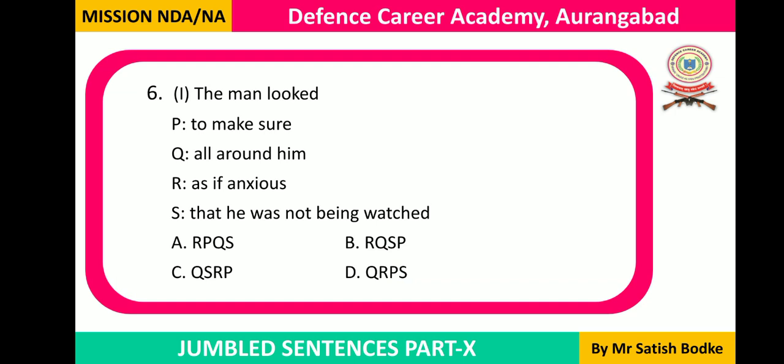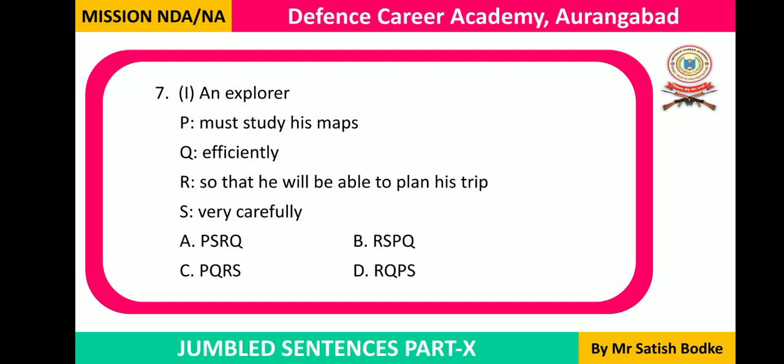Now let's go to question number 7. An explorer. A subject is given in the beginning, a noun phrase, an explorer. Then obviously a verb should follow. Must study his maps. An explorer must study his maps very carefully.